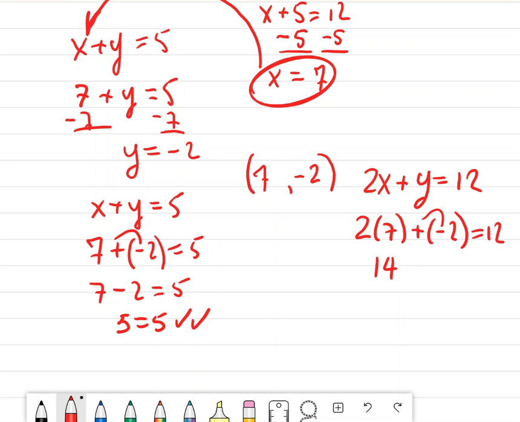A negative times a positive is a negative. And lastly, we simplify to 12 equals 12. That also double checks. So that confirms that our solution is in fact the ordered pair 7, negative 2.